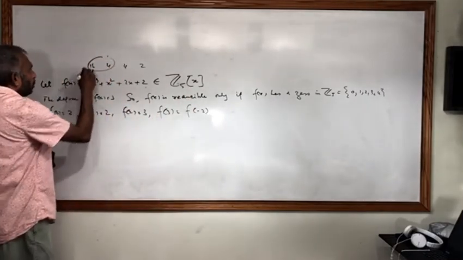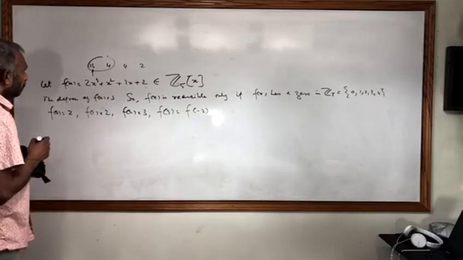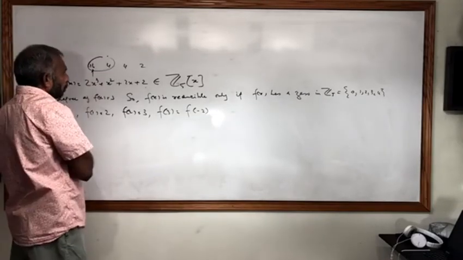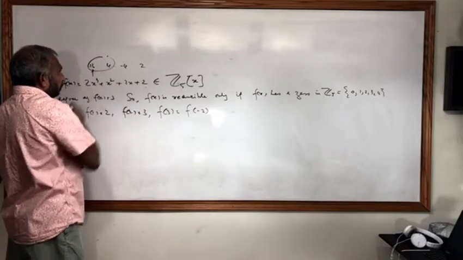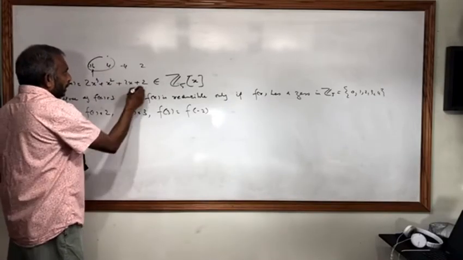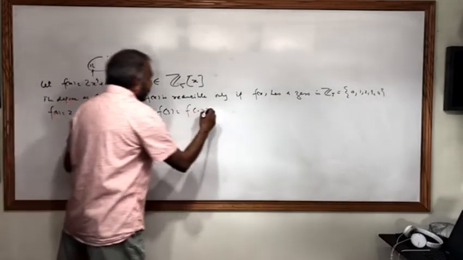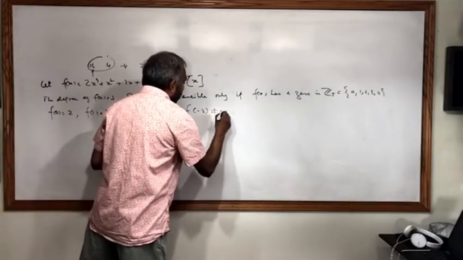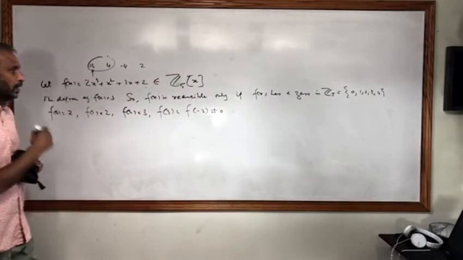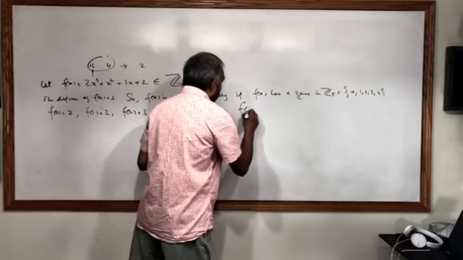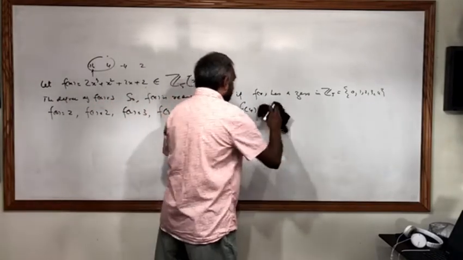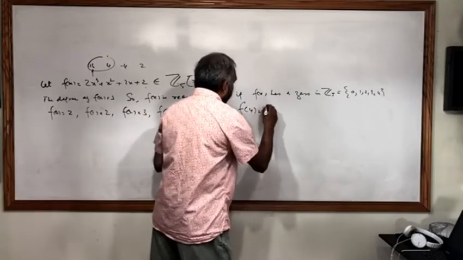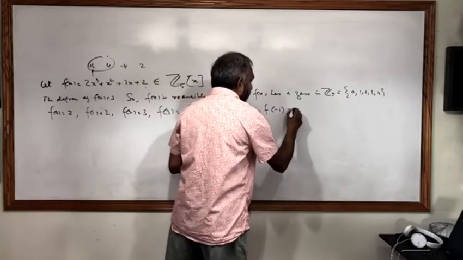So this is going to be minus 16, this is going to be 4, this is going to be minus 4, and this is going to be 2. So this is different from 0. I'm not going to compute that. Similarly, f(4) also is going to be different from 0, because f(4) is actually f(minus 1), and that is also different from 0.